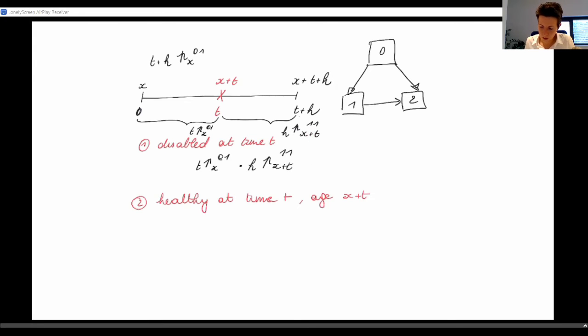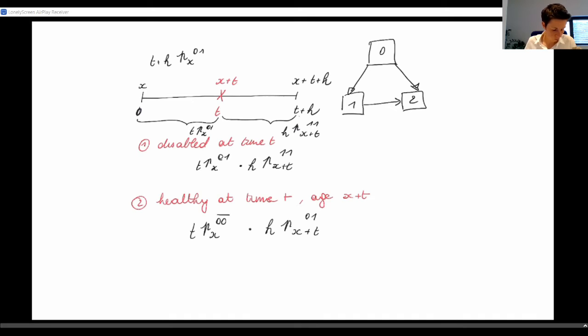Well, then that scenario is going to happen with a probability where I first stay in the healthy state between age x and x plus t, and then I'm going to make the move from the healthy state to the disability state between x plus t and x plus t plus h.